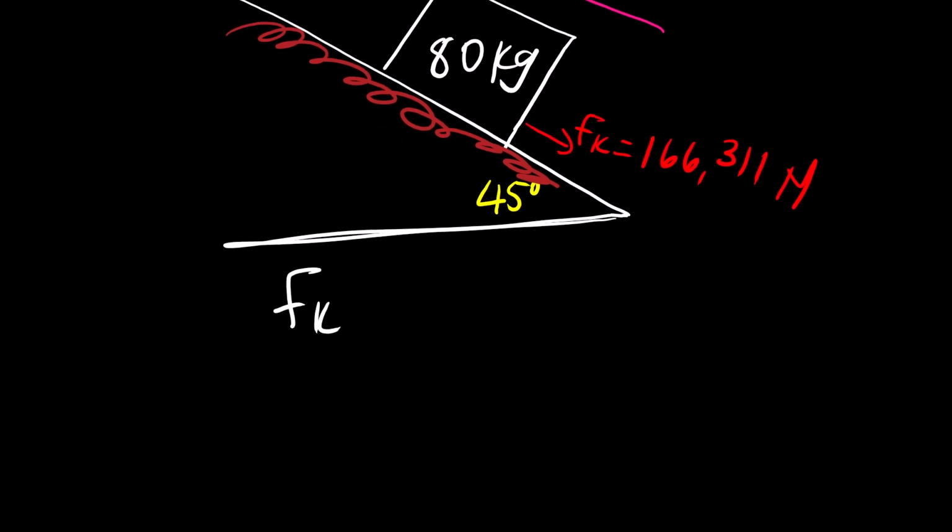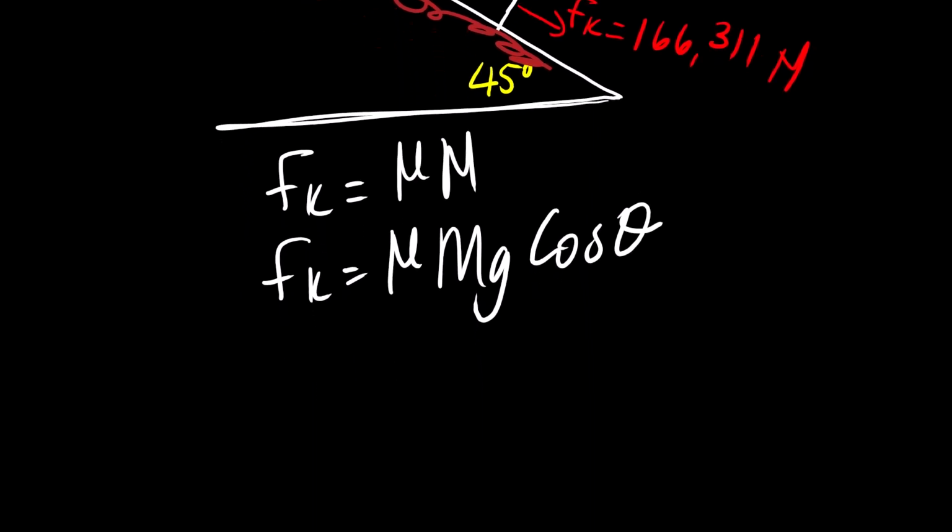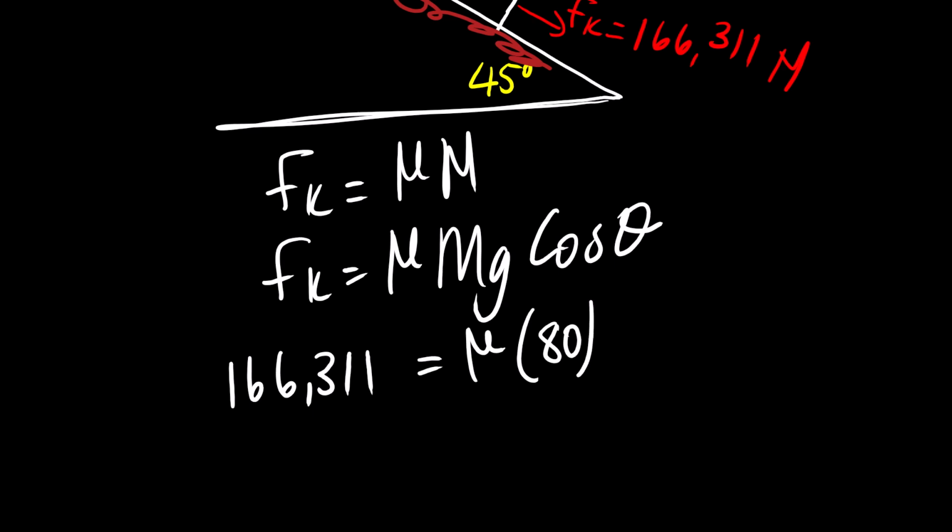The equation, normal force, coefficient mg cos theta, and we are given that the kinetic friction is 166.331 is equal to coefficient, our mass is 80, 9.8, cos 45.